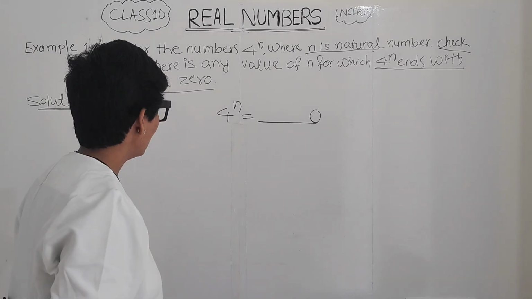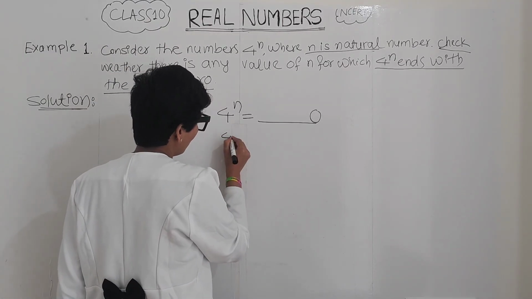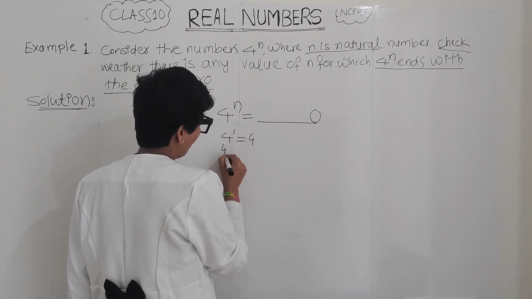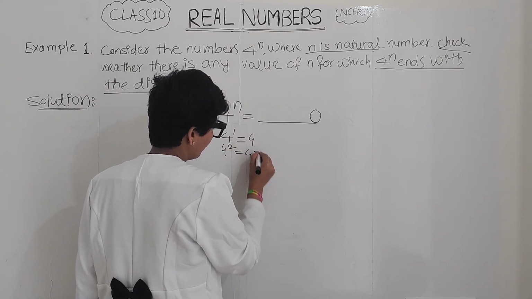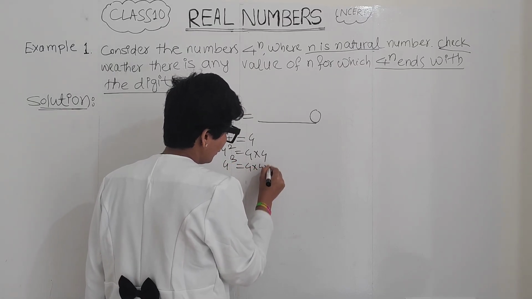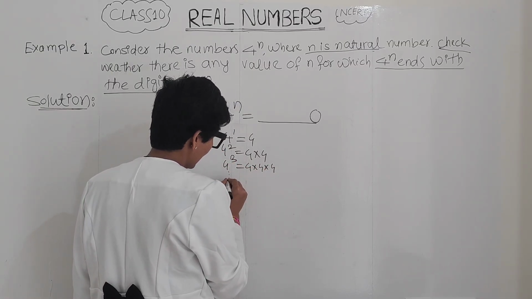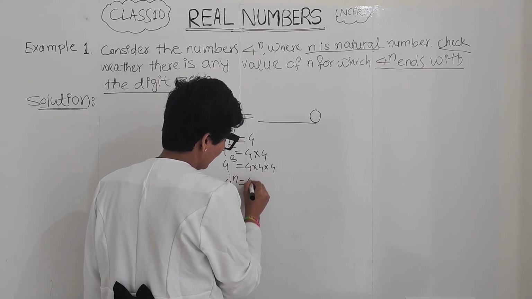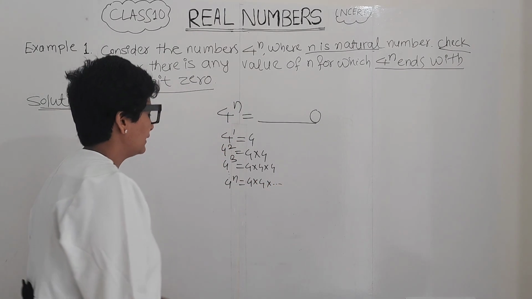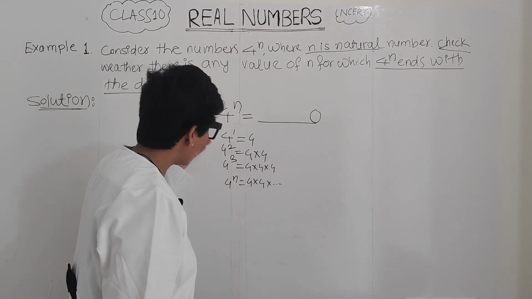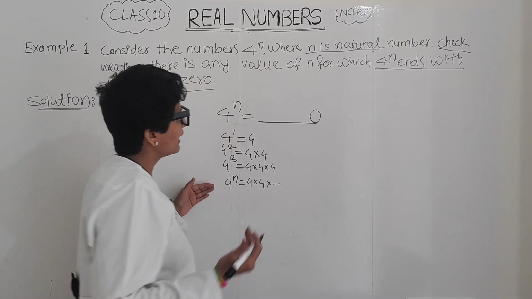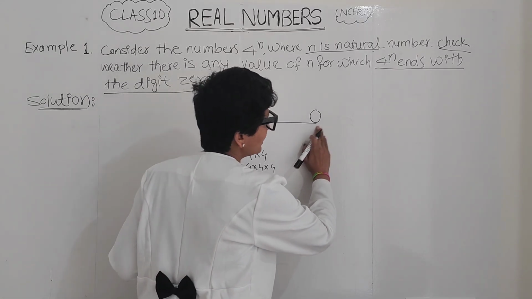When we expand 4 to the power n, like 4 to the power 1, 4 squared, 4 into 4, 4 to the power 3, 4 into 4 into 4, up to 4 to the power n, 4 into 4 and so on, n times, we have to check whether any of these numbers ends with 0.